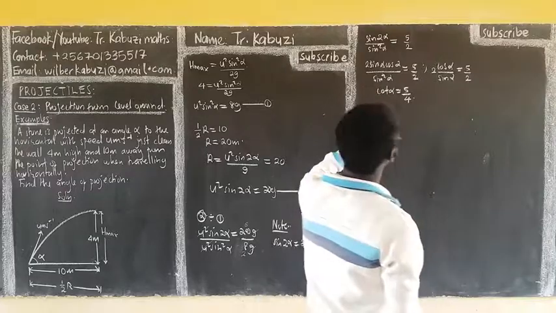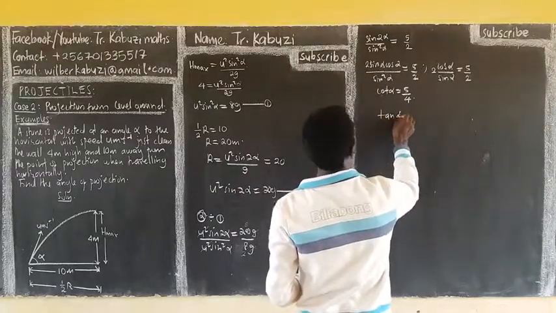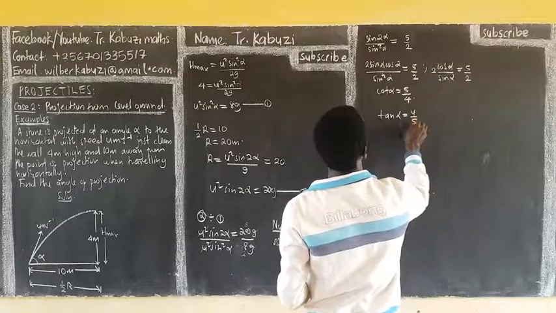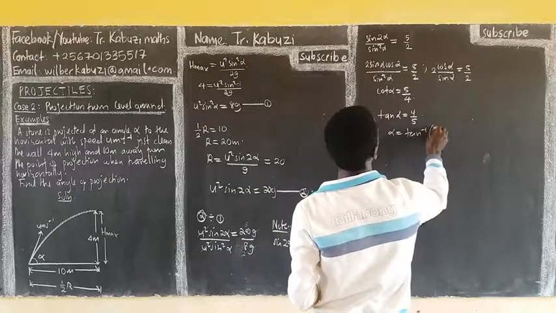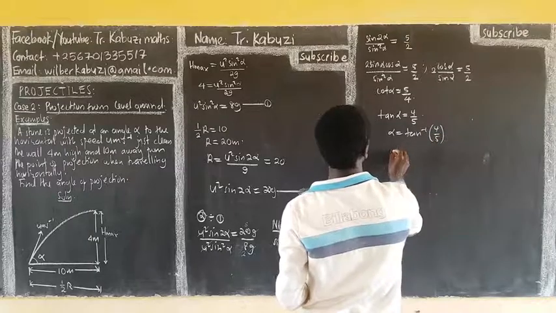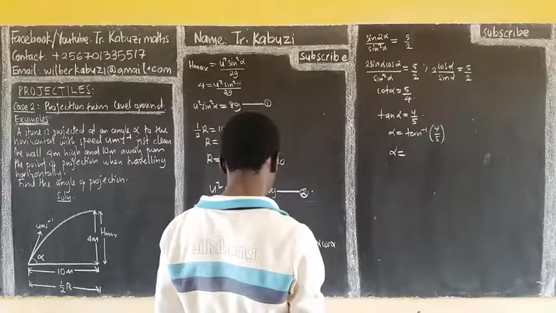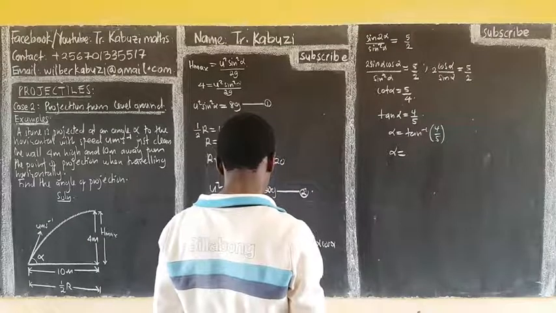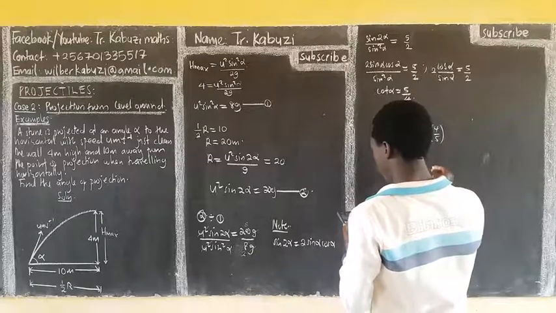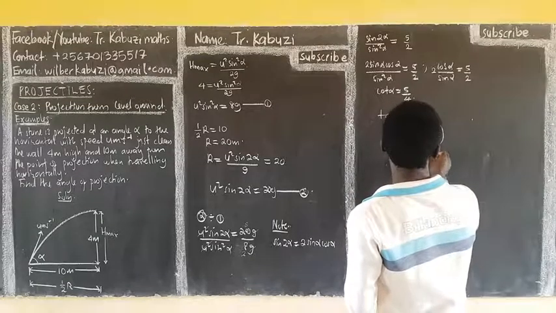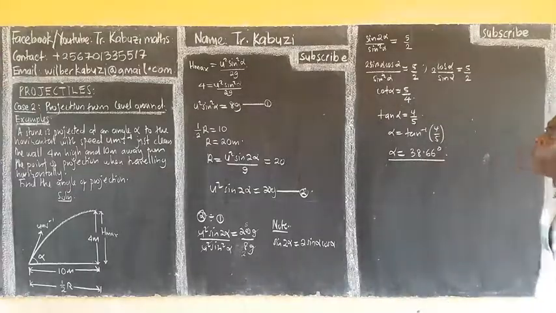If we have cot, we can easily get tan. So tan alpha equals 4 over 5, and my alpha, the angle I'm looking for, will be tan inverse of that. The angle of projection will be 38.66 degrees, to 2 decimal places.